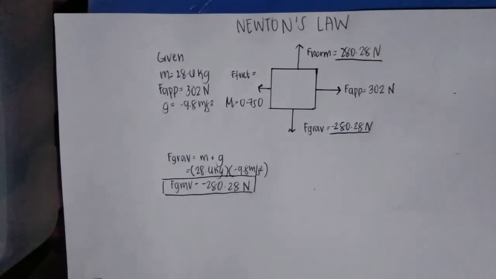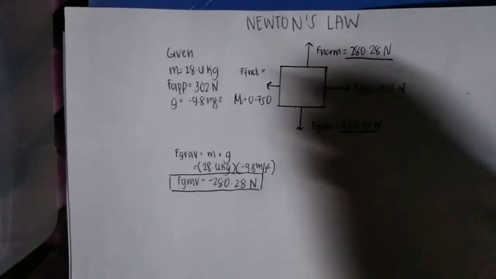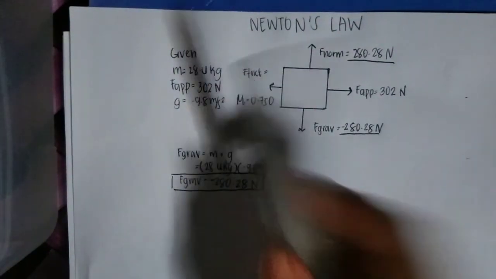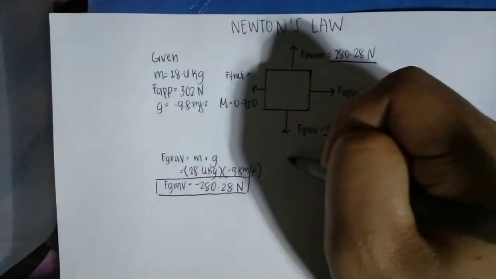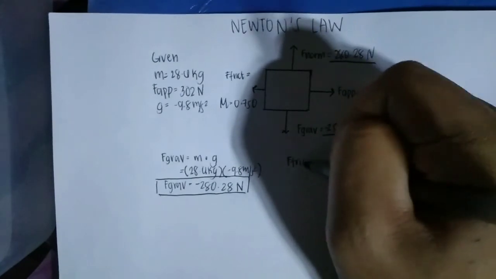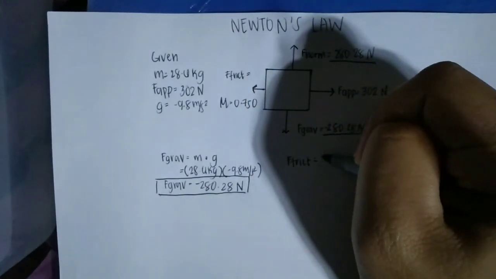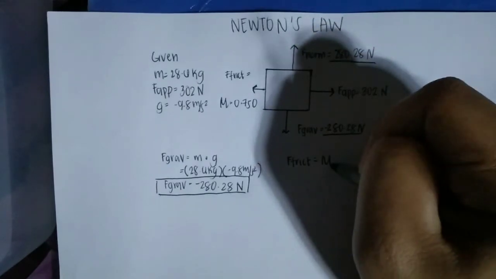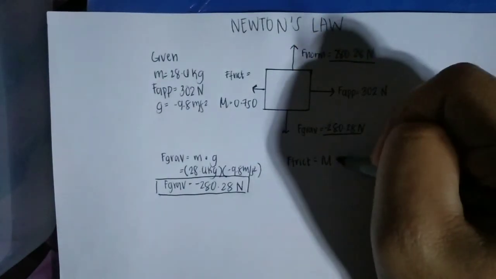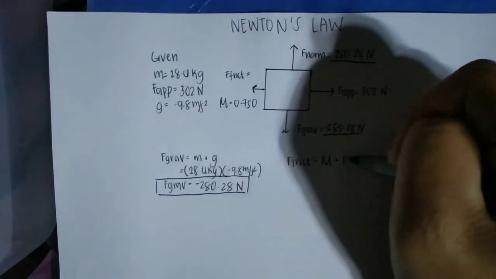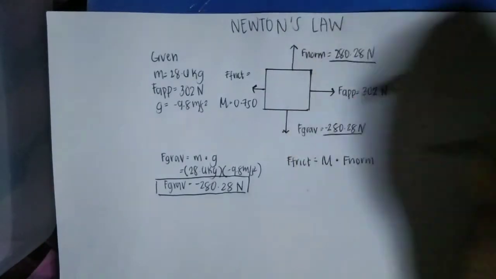So, now we will solve for the F fric. The formula for F fric is equal to mu, or the coefficient, times the F norm, or the normal force.